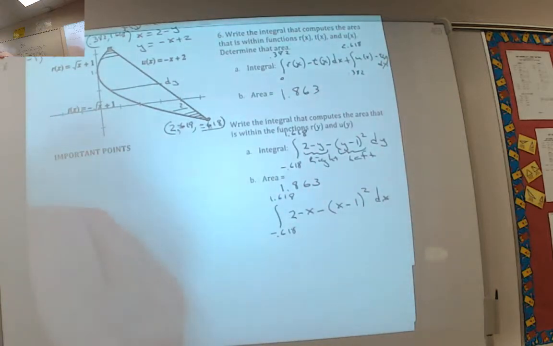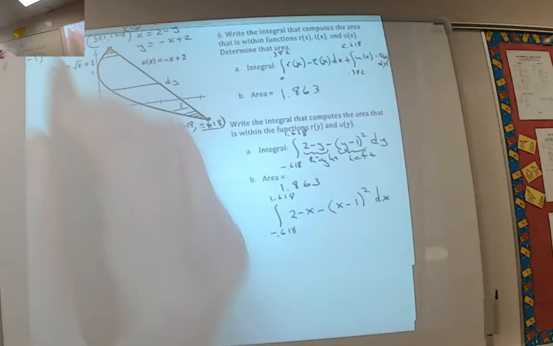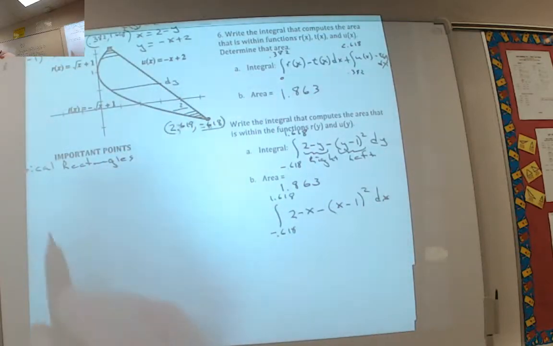First of all, if you have vertical rectangles, these segments I've been drawing, first of all, it's in terms of x.